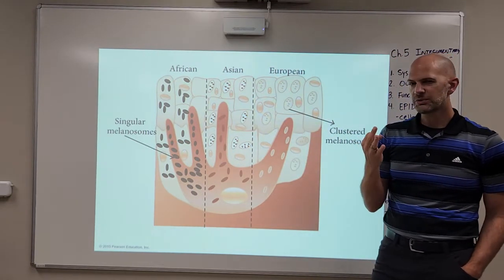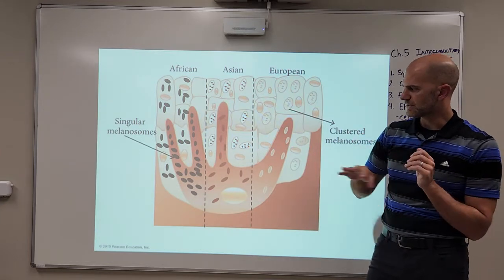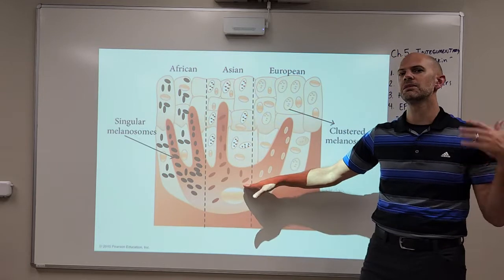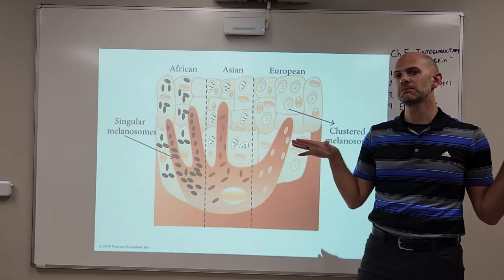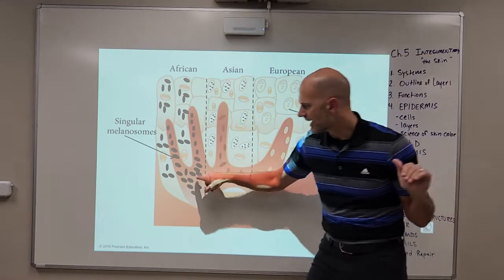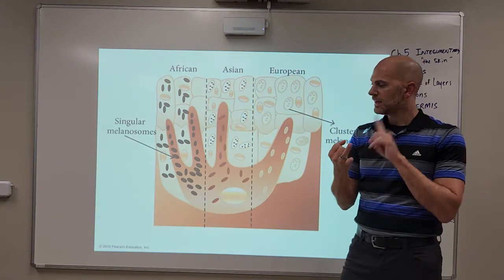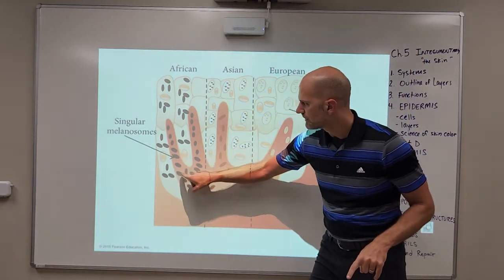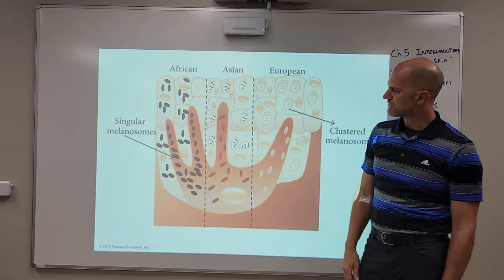So there are three different things at play here, because all people have the same number of melanocytes, the cells that make melanin. We all have the same number of cells, so that's not the difference. It's really the type of melanin, the size of the melanosome, and the type of melanin that is produced.